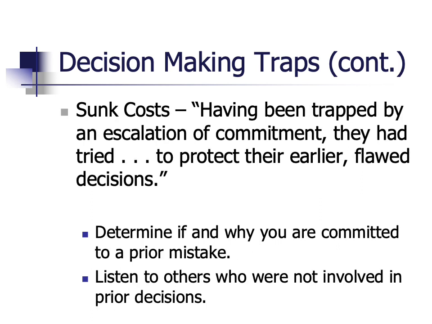A fifth decision-making trap, which is somewhat similar to the status quo, is known as sunk costs. In this case, an organization may choose to stay the course because they have already invested a lot of time, energy, and resources into a prior decision. Imagine the example of an automobile assembly line. The company has already invested millions of dollars into manufacturing equipment.